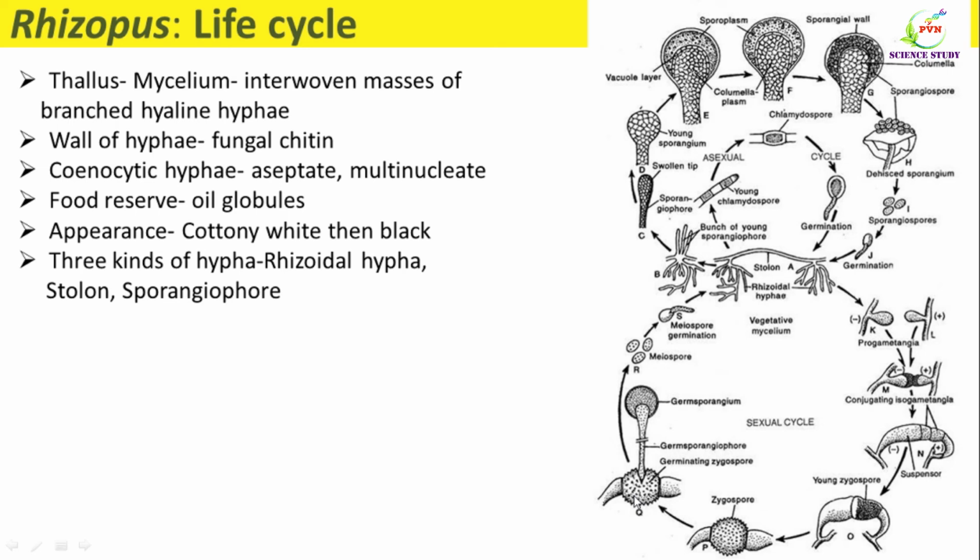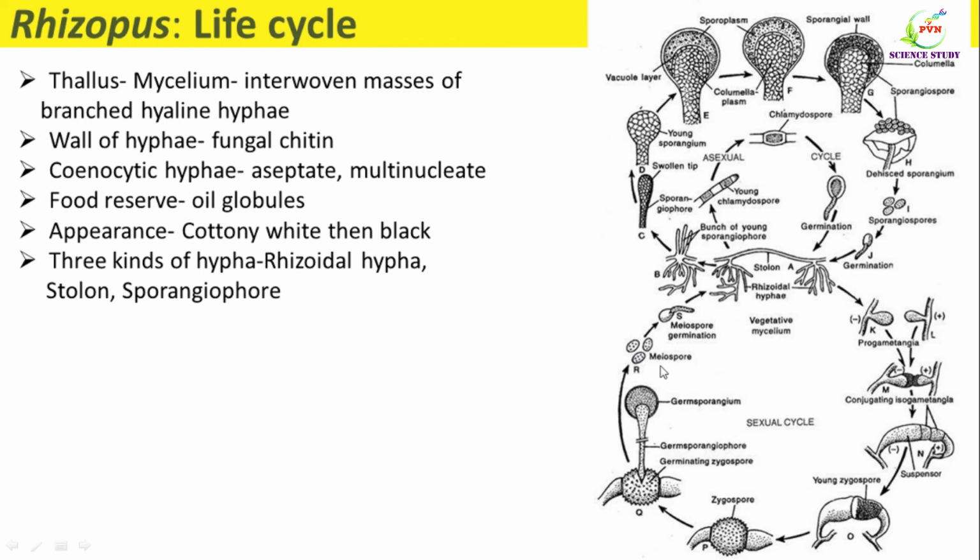Now the karyogamy takes place and it is followed by meiosis to form a number of haploid nuclei of plus as well as minus strains. The zygospore germinates to give rise to zygosporangium, also known as the germ sporangium. This zygosporangium or germ sporangium contains spores of plus as well as minus strains, also known as meiospores.